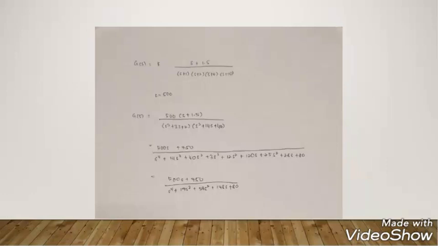The K value is 500, and then you substitute, and you can get a new transfer function, 500(s plus 750) over (s plus 480), and then you can get a new Bode plot.